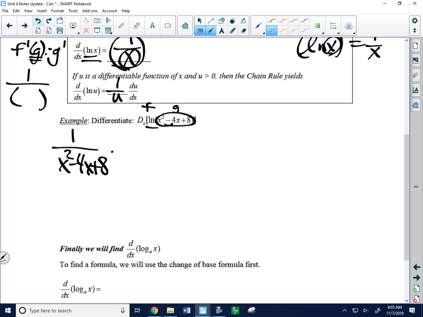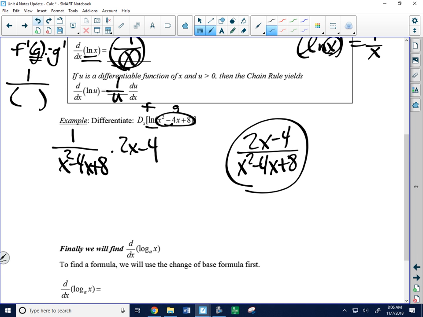So then times the derivative of this, which is 2x minus 4. And that's part of the numerator. That's not in the denominator. You can leave it like that. That's acceptable. Sometimes I just bring that into the numerator, like this. I'll write it like this, a little more compact, but either one's fine.